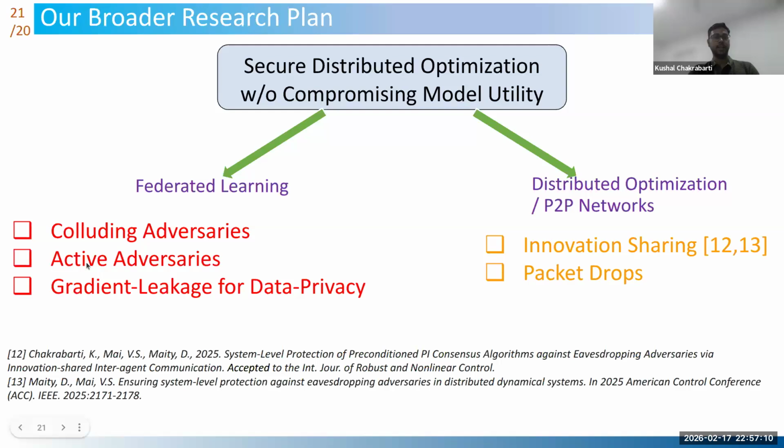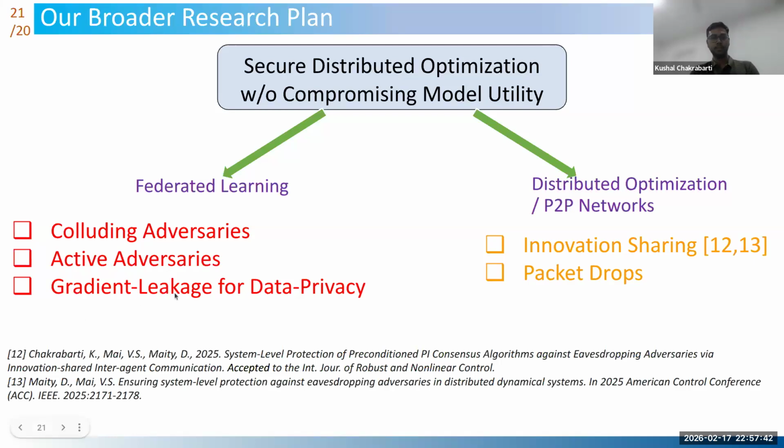On the other hand, there are active adversaries who not only estimate your model but also try to affect this federated learning algorithm during the training phase by injecting, let's say, backdoor attacks or poisoned data sets. So how can you guarantee that your data set or model will be secure against such active adversaries? There has been some research going on in this scenario, so we'll look into that also.